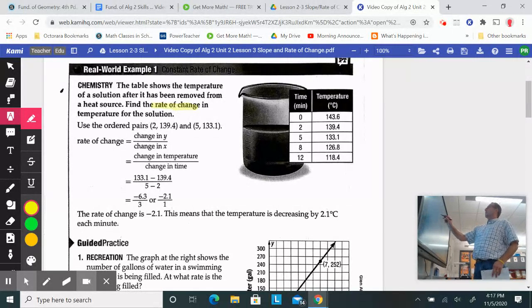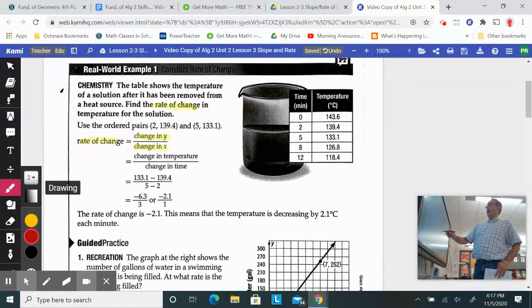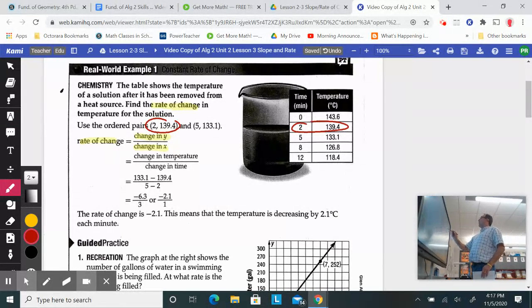To do that, the rate of change is change in y over change in x. So you need to grab two ordered pairs. We grabbed this one here, which at 2 minutes, the temperature is 139.4 degrees Celsius, and at 5 minutes, it was 133.1, so the temperature is dropping.